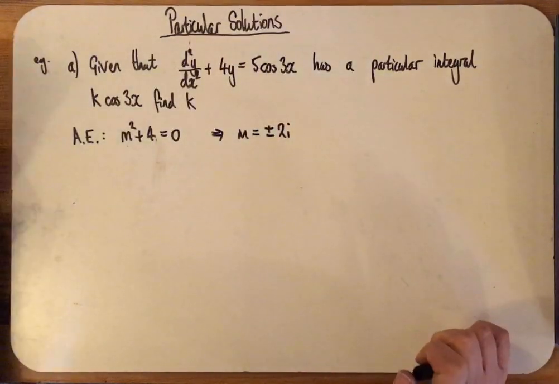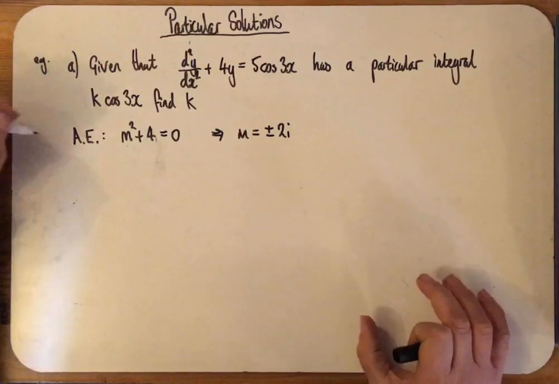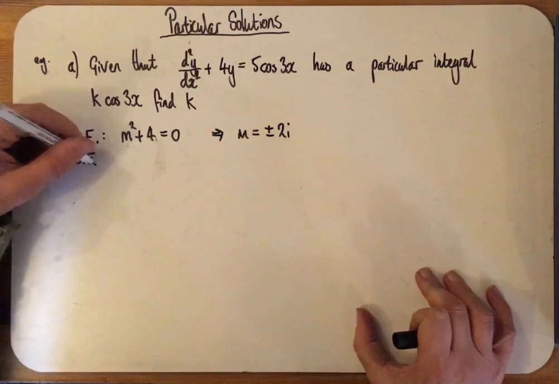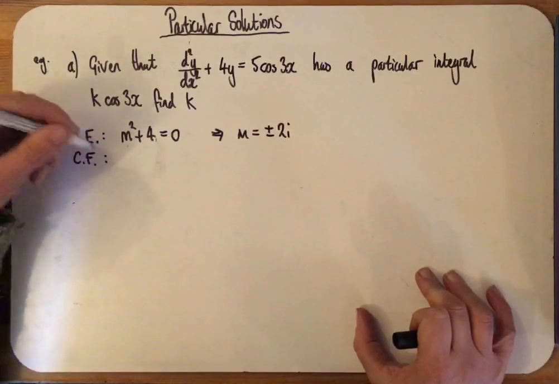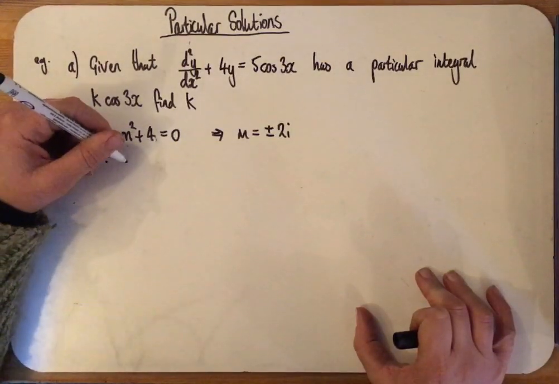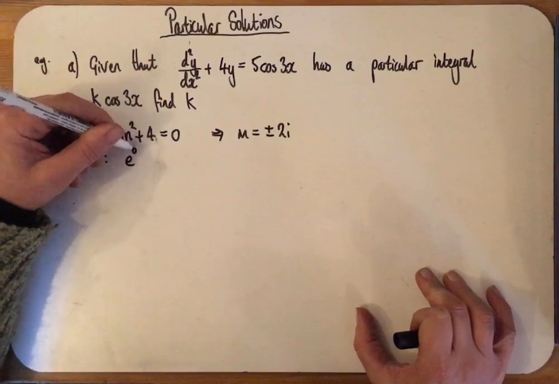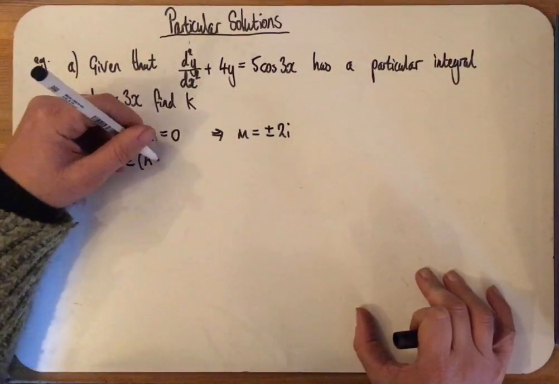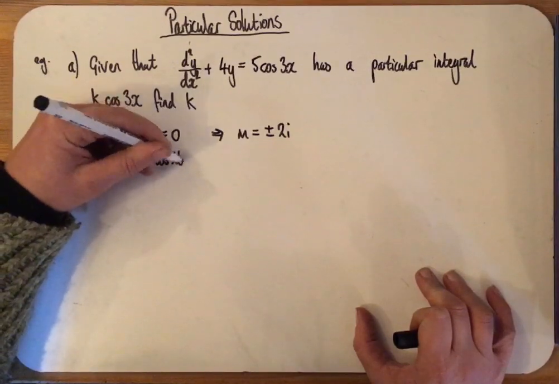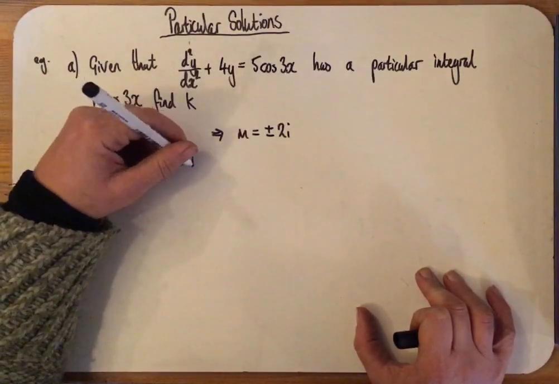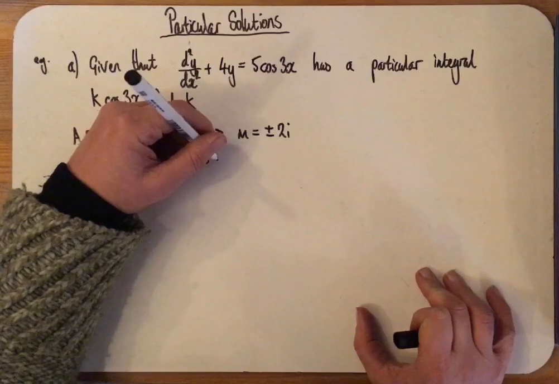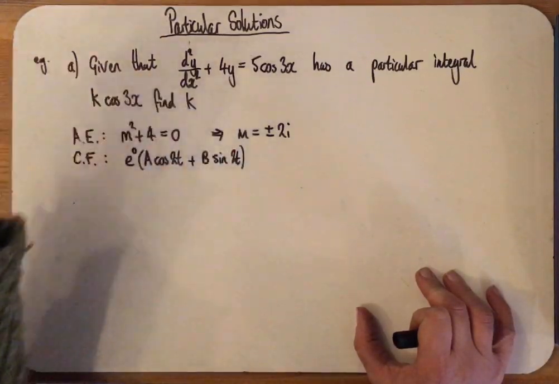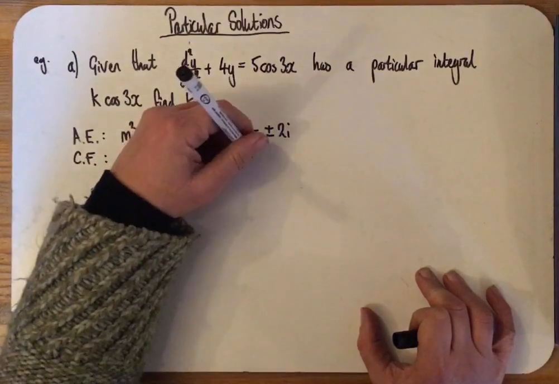And so from there, we can get the complementary function as being e to the power 0, because there's no real part, times a cos 2t plus b sine 2t. E to the power 0 is just 1.